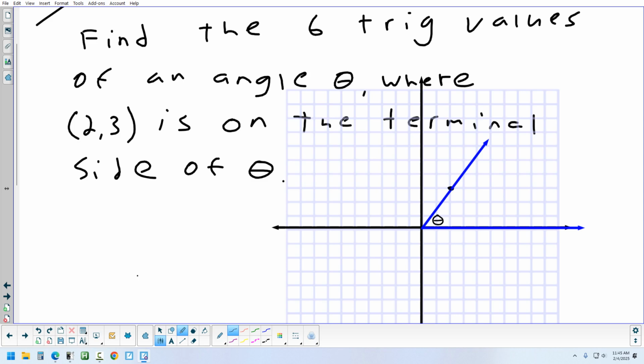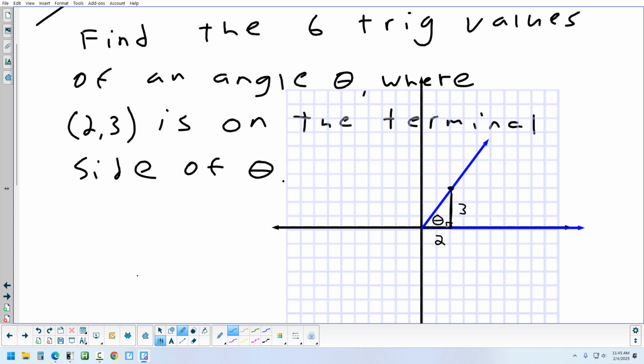The way you can make a triangle, you don't even need to draw your rays as big as I did. I just drew them. But make a triangle from that point straight down. How long is that bottom side? 2. And how about the height? 3. And there's one more side we need.